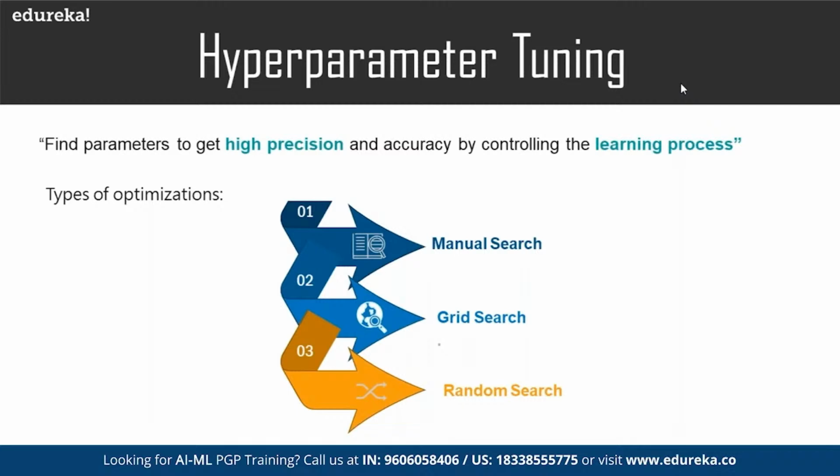Usually SGD is used for large-scale problems. And then loss functions: using the right loss functions, optimization functions, and learning rate, all of them we call hyperparameters. When we choose the right parameters, we of course get the right results, which means we get high precision and accuracy.